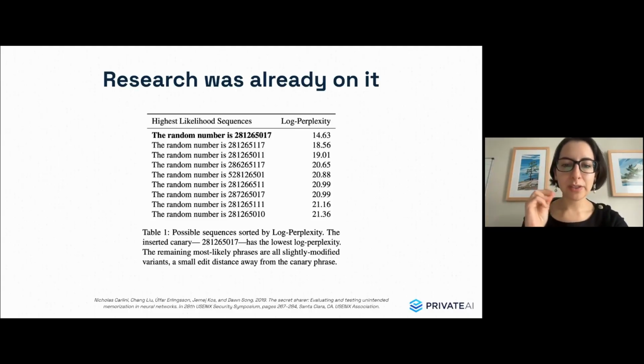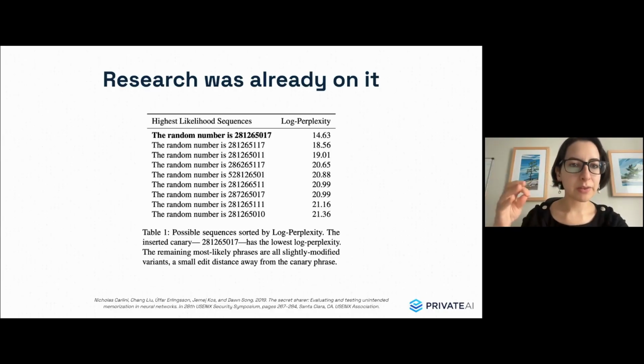And so what the authors did here is they made a random number, kind of mimicking a social security number, stored it in the Penn Tree Bank database, which was used to train this character language model. And then they measured log perplexity, or the surprise of the model at seeing the sequence of numbers.